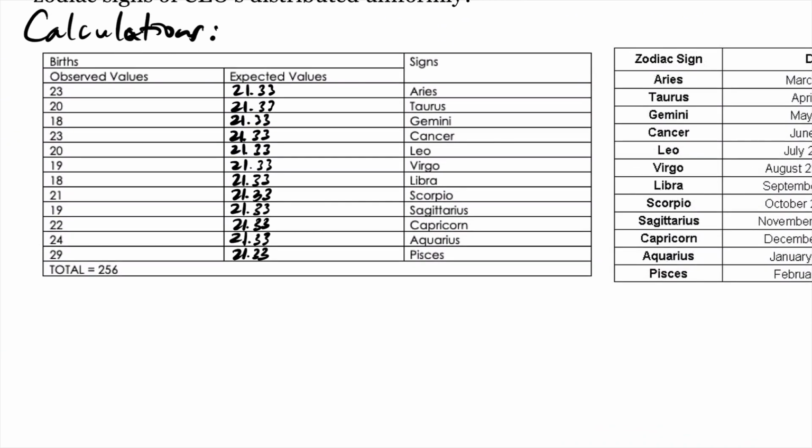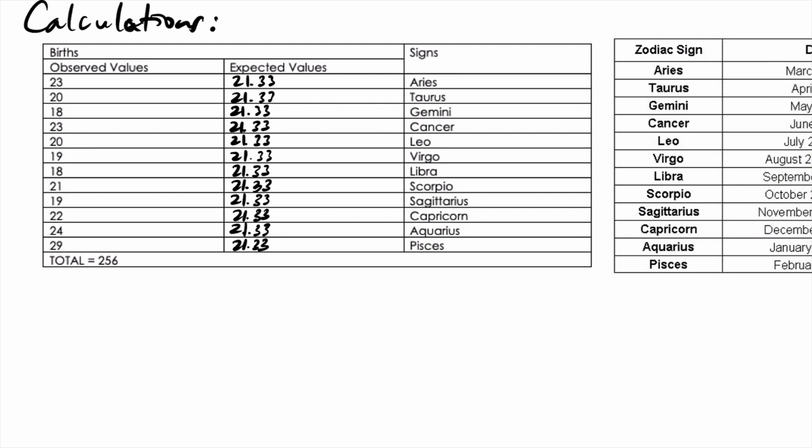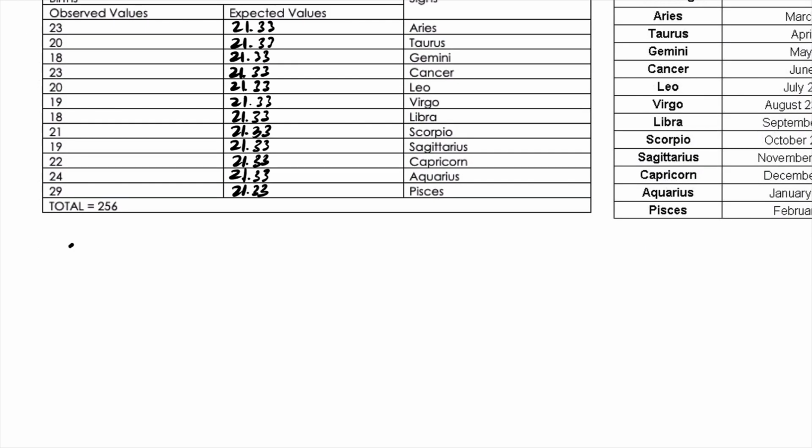Okay, so now we're going to do chi-square. This one has more, so I'm going to show you the calculator. We'll do this one using the calculator, more so than we did the first one. To calculate chi-square, we're going to find the summation of observed minus expected squared over expected.